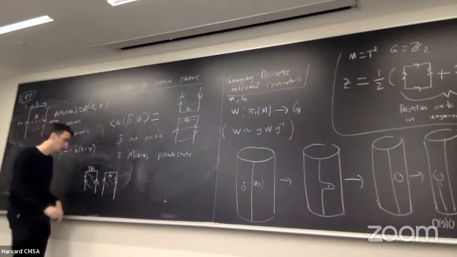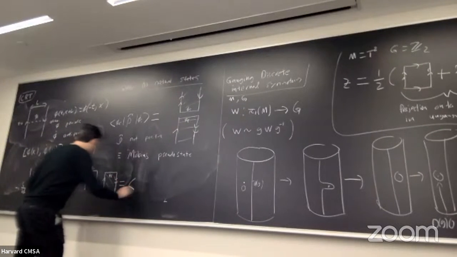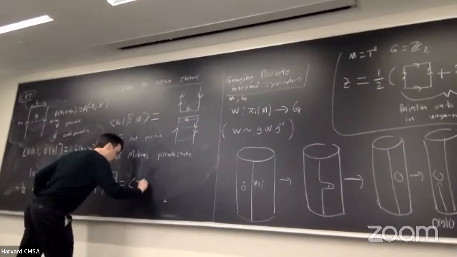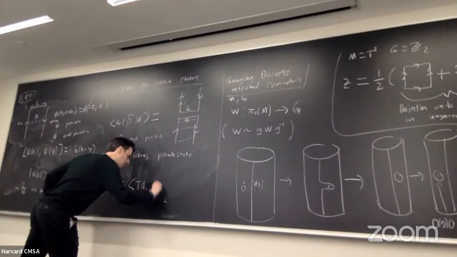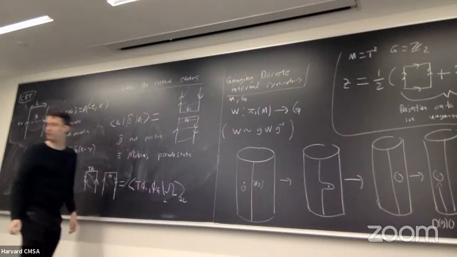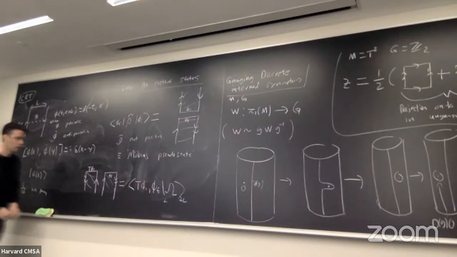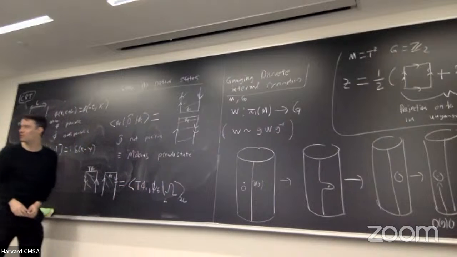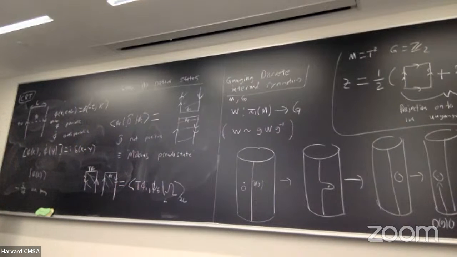Okay, so this thing is equal to the wave function of the theory on the cylinder of radius 2L, but with this funny time reversal thrown in here. Okay, so that's true in general, actually.